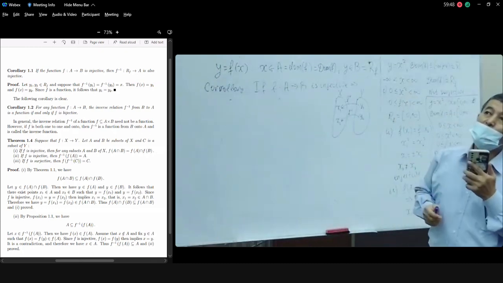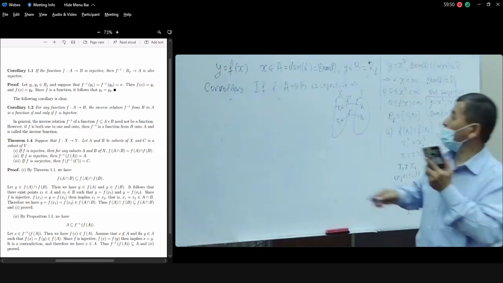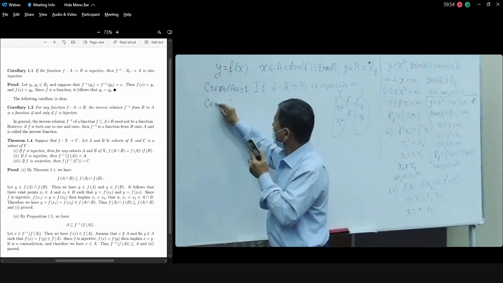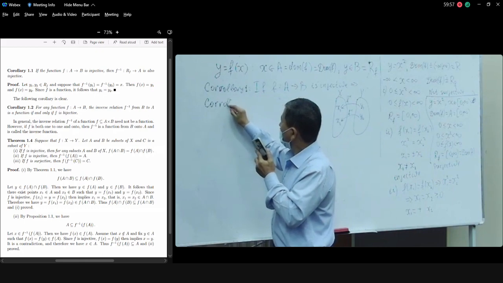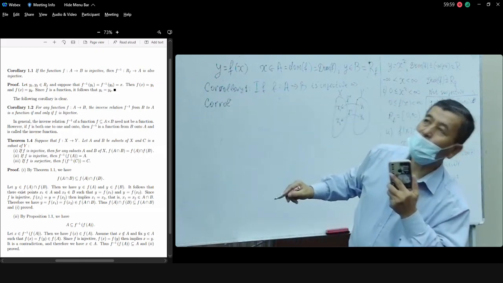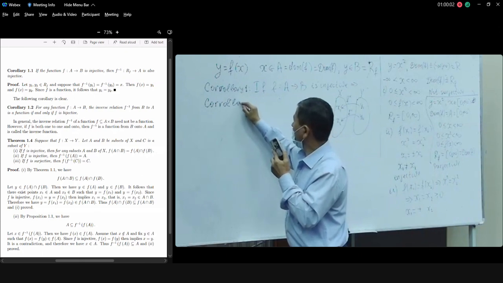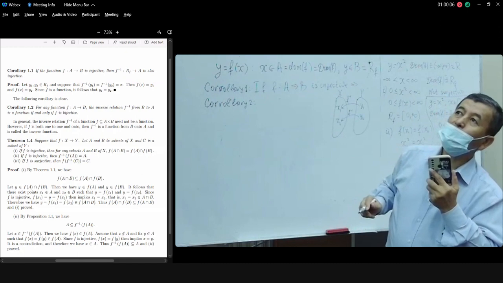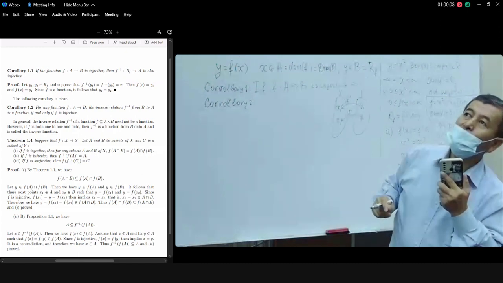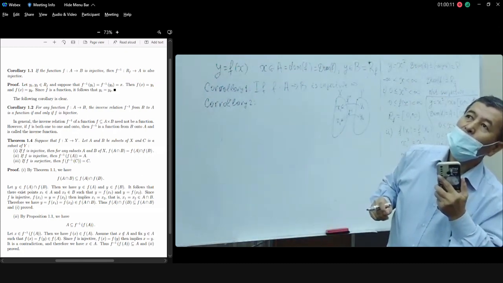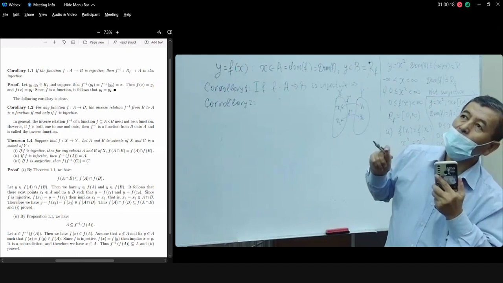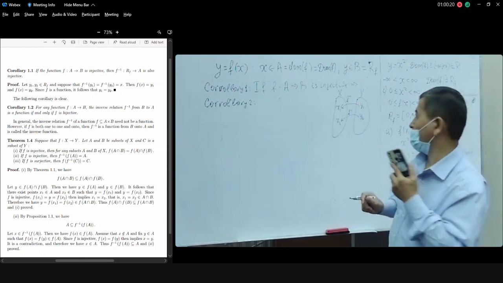So, corollary 2. Corollary 2 says that F inverse is a function if and only if F is bijective.